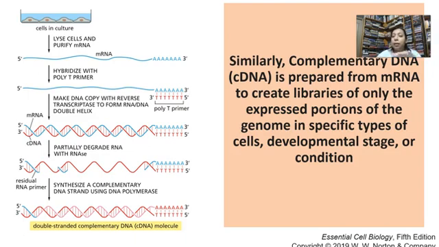So in a complementary DNA library, instead of taking the genomic DNA, you first use a reverse transcriptase to go from mRNA, the messenger RNA, back into a DNA form. That is what we call the complementary DNA, or cDNA. And then you take those cDNA fragments and create libraries of only the expressed portion, basically. Only the proteins that are going to be actively produced inside those cells.